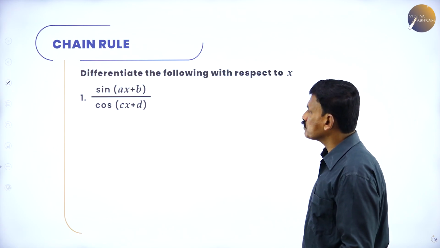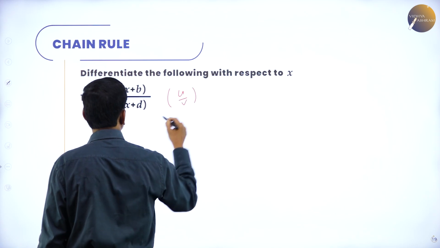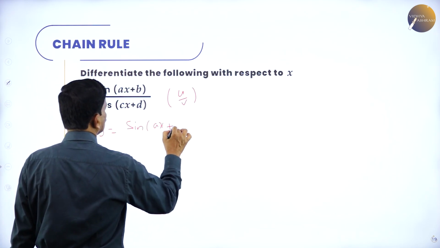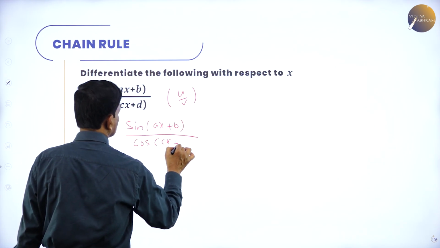Differentiate the following with respect to x. This is nothing but of the form u by v, the quotient rule. y is equal to sin of (ax plus b) divided by cos of (cx plus d).